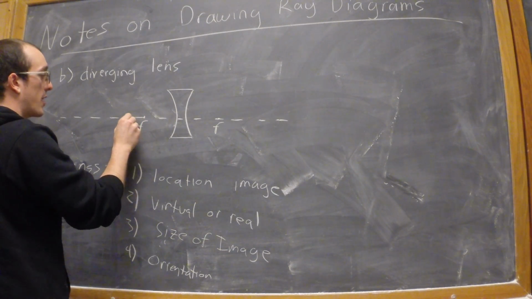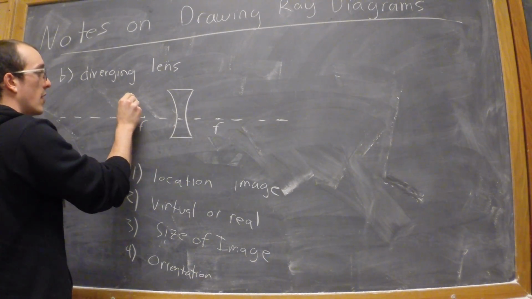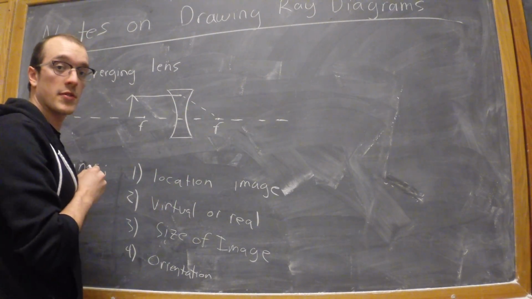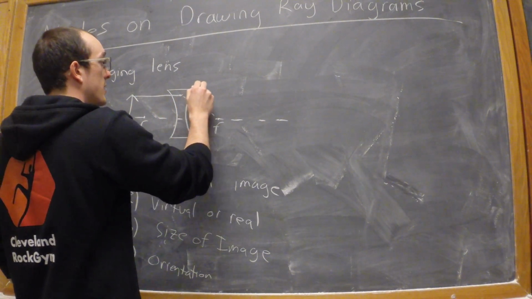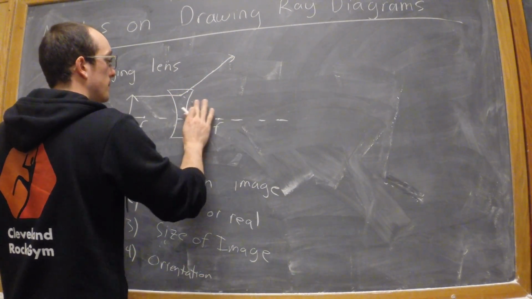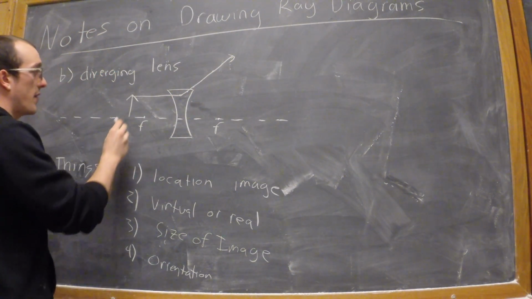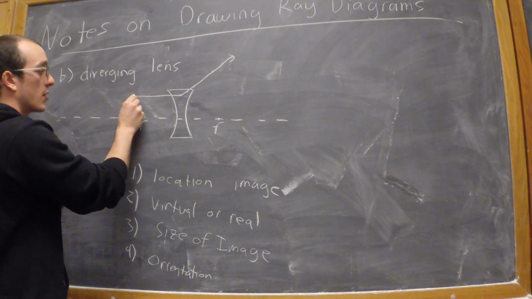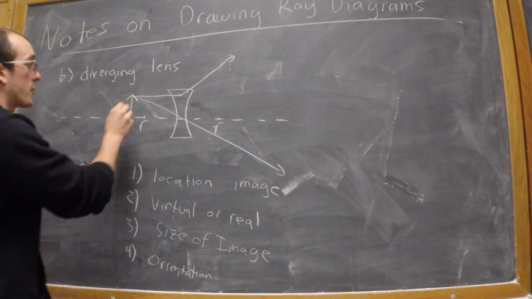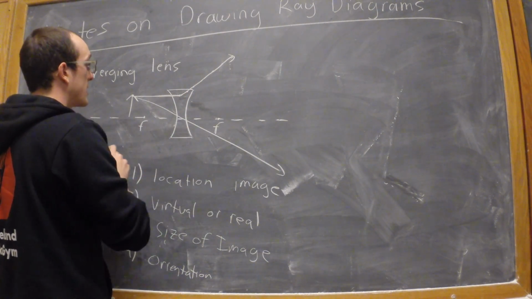So now if you draw an object, and you go over to the center, instead of bending down towards the focal point, it will bend away from the focal point. And then again, we draw a line from here going through the center. So the second line we draw is the same, but the first one bends in the opposite orientation.